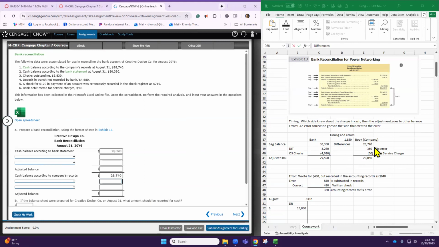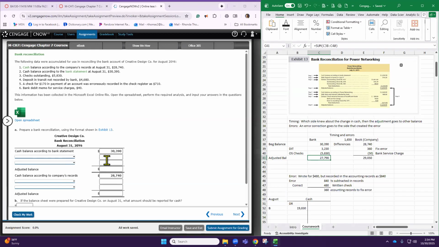The company wrote the checks, so they've already subtracted those from their cash, but the bank hasn't seen them yet. So we want to put the amount of the outstanding checks, $58.30.